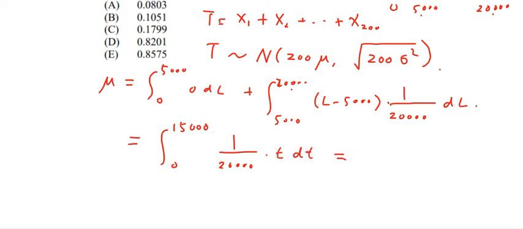So this equals half of this, and this is squared. Okay, so this one we calculate. Let's say we find this equals 5,625.